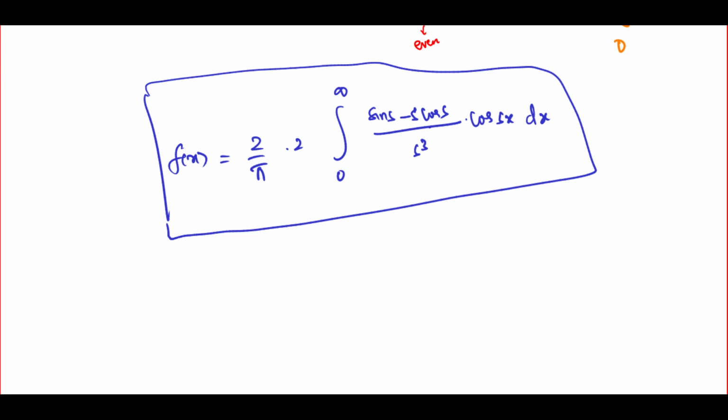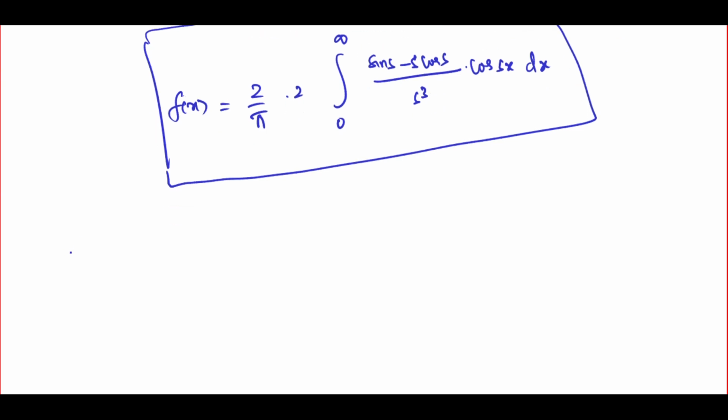So let's take a particular x value, so that it will give us the value of the function. I know that this integral is valid for every x, so x equal to 1 by 2 is also valid. So let x equal to 1 by 2.